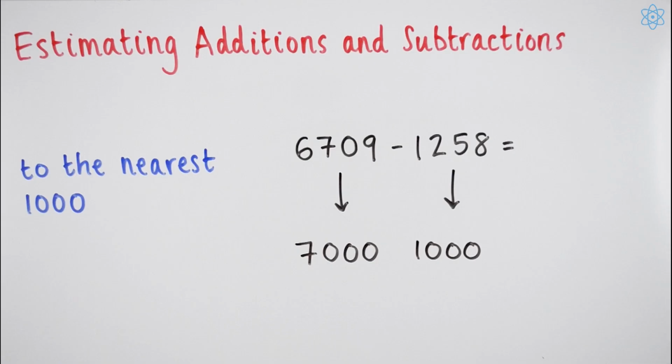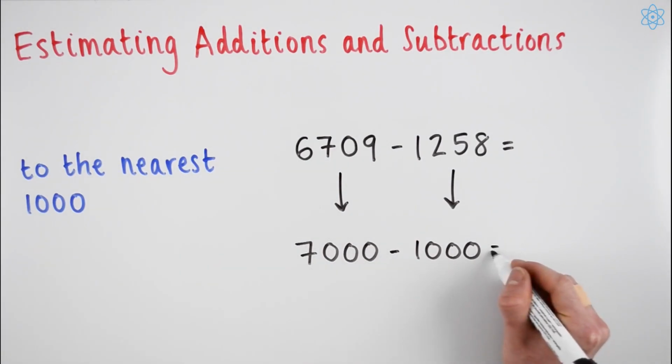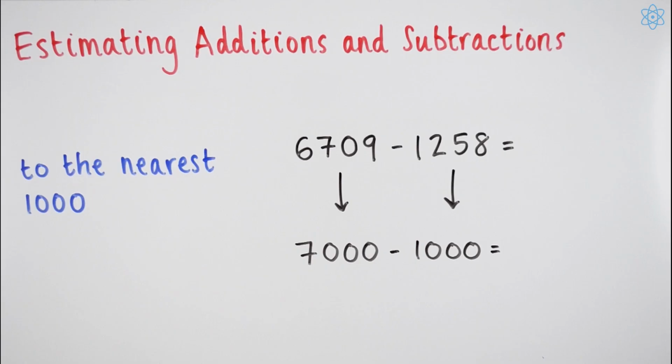Our subtraction is now 7,000 subtract 1,000. That sounds much more doable, doesn't it? 7,000 subtract 1,000 is 6,000, so 6,709 minus 1,258 has an approximate answer of 6,000.